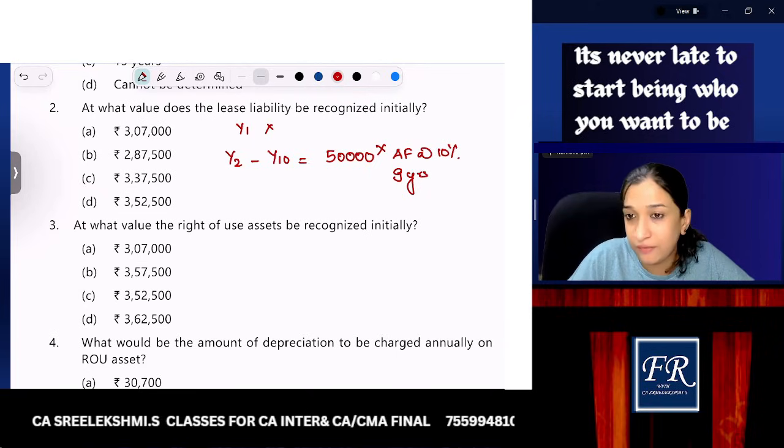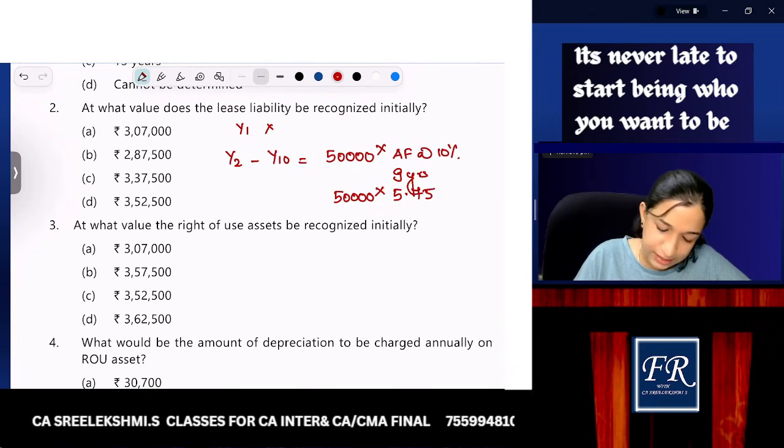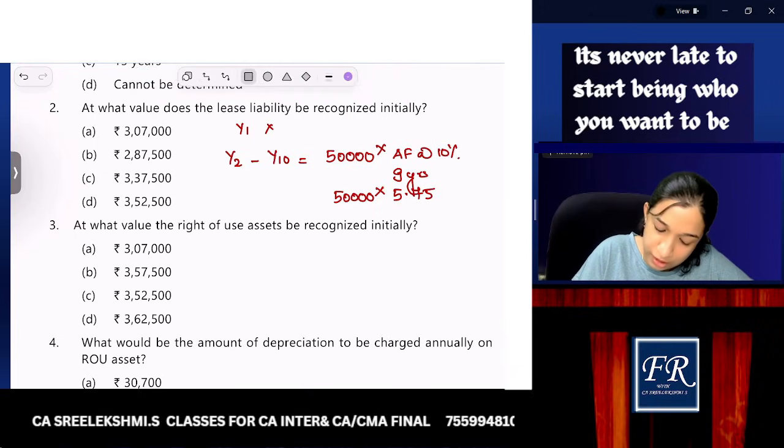So we are taking the factors 1 divided by 1.1, 1, 2, 3, 4, 5, 6, 7, 8, 9, the total is 5.75. So 50,000 into 5.75 is 2,87,500. So option B.